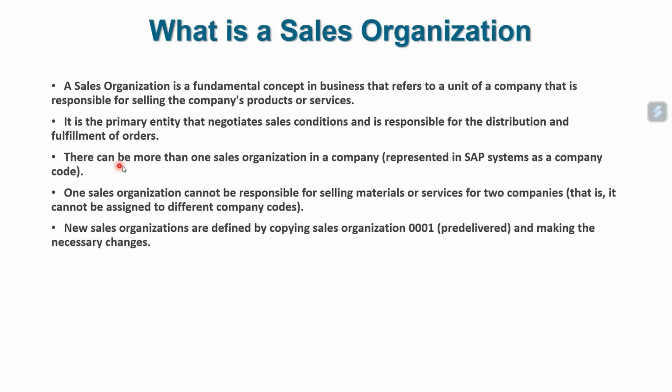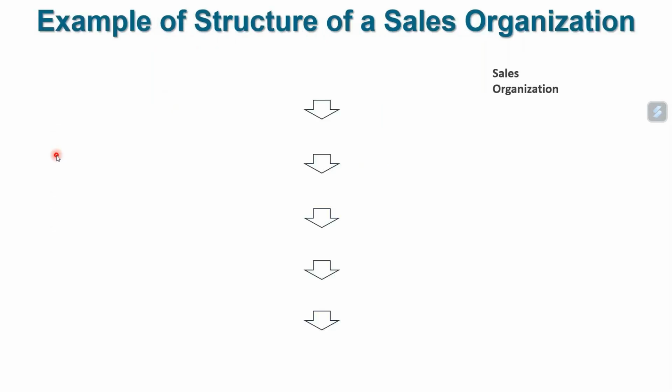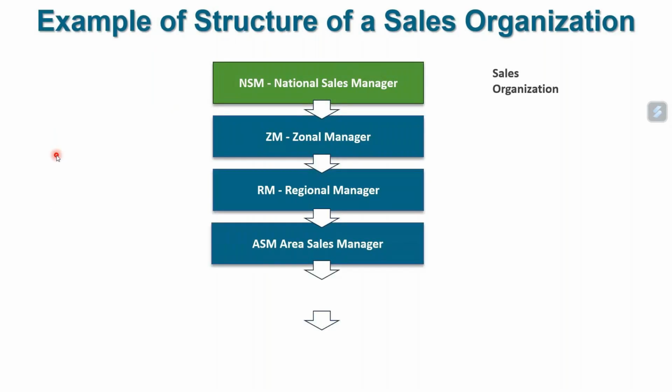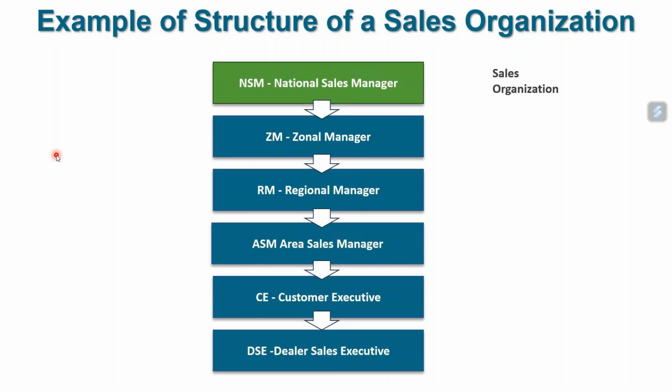And there can be more than one sales organization in a company, right? That's something we need to remember. And this is the structure of a sales organization. The whole sales organization has a sales hierarchy as well. Normally what we do is the national sales manager or the NSM or the sales head.